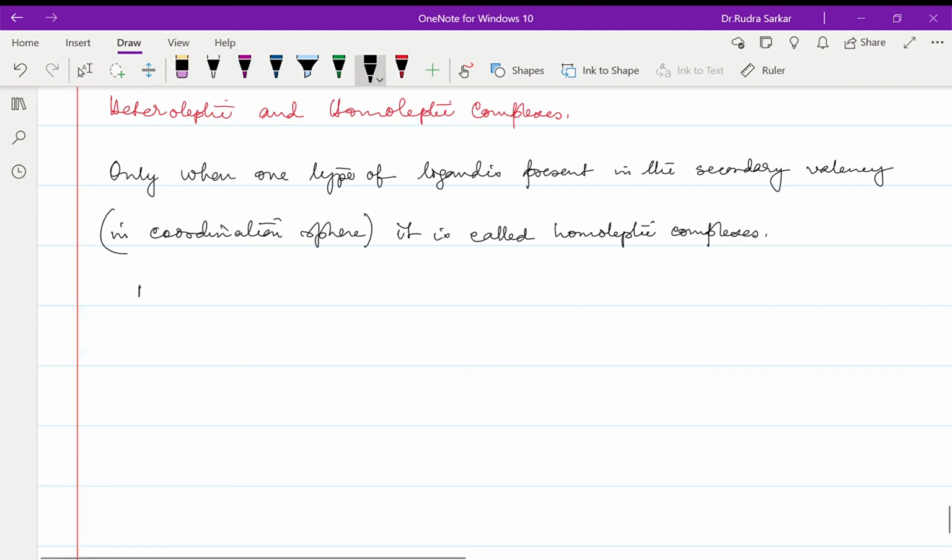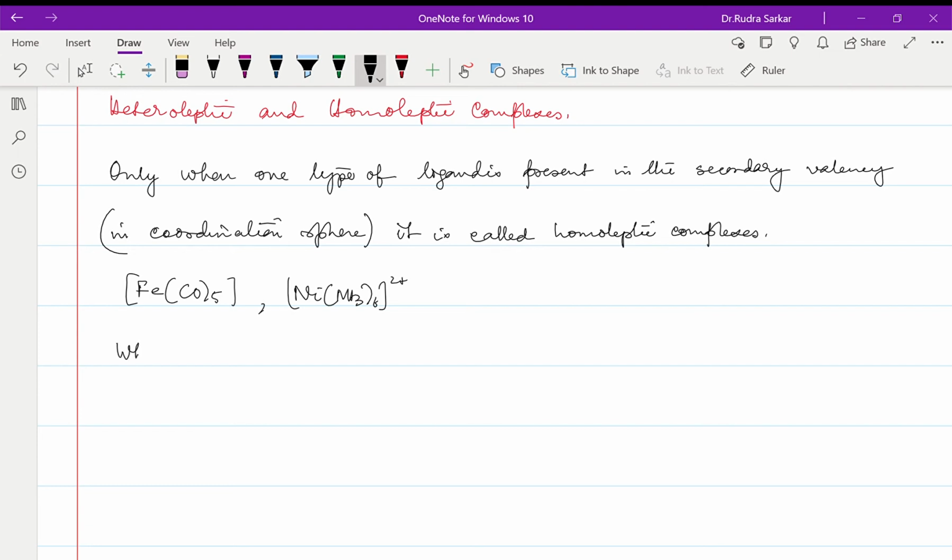Say suppose I give you Fe(CO)5, right? I've used this complex before. Or say I'm giving you [Ni(NH3)6]2+. So this is having only one type of ligand inside it. That is why we will call these homoleptic complexes. Okay.